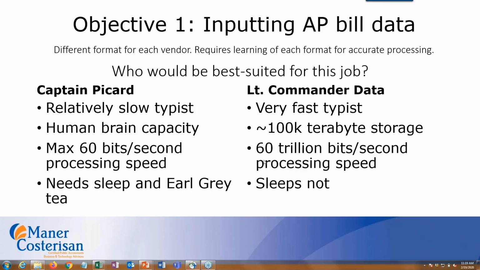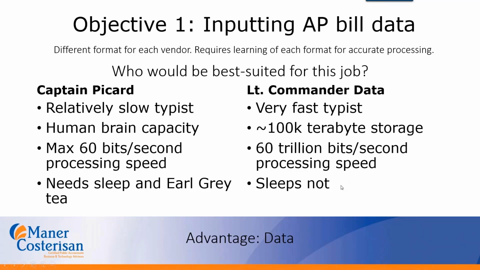Most computers probably aren't at this level yet, seeing as this was a science fiction show. But regardless, computers are going to process information much faster than 60 bits per second. And machines typically don't need to sleep. Canonically, I can't remember if Data needs to be charged or anything, but regardless, he doesn't need to sleep.